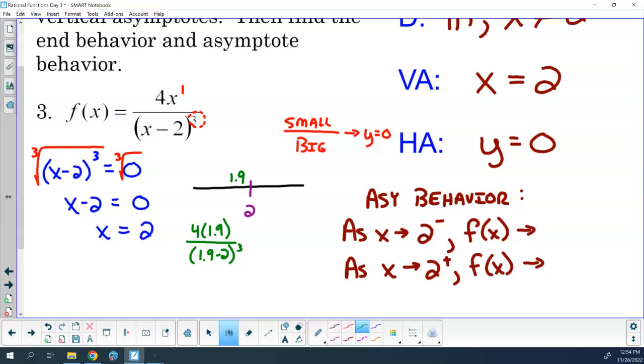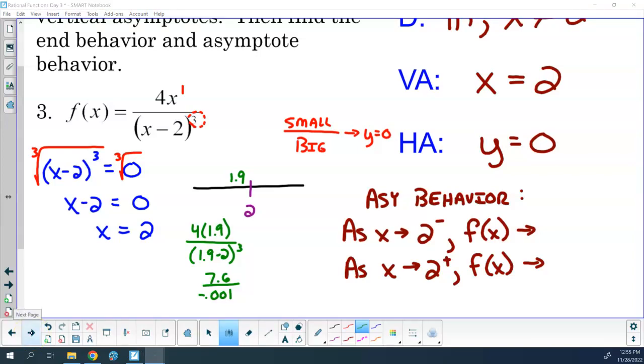So 4 times 1.9 is 7.6. 1.9 minus 2 is negative 0.1. Negative 0.1 cubed is negative 0.001.